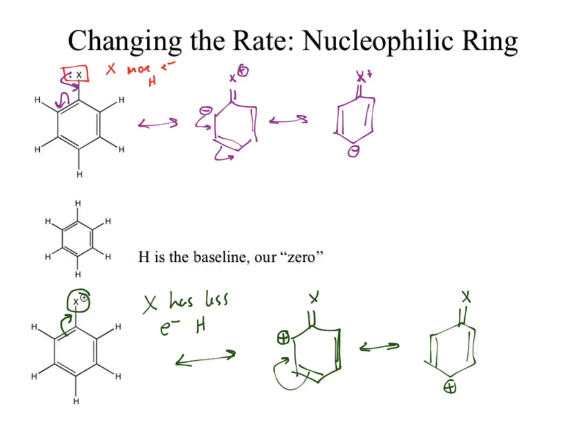So in our last summary here, in the bottom case, because our ring is positive, it cannot react. We need to come up with a fancy word for that. We can call it a deactivator. Where would it direct? Meta position. In the top case, my ring is negative, so it is now more likely to react.